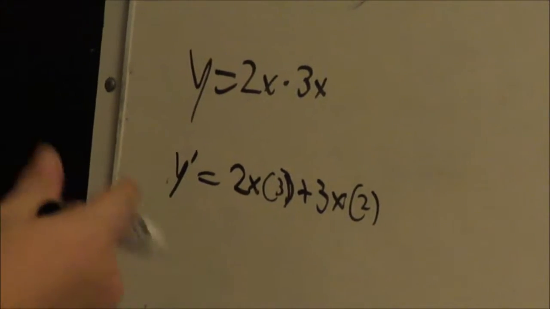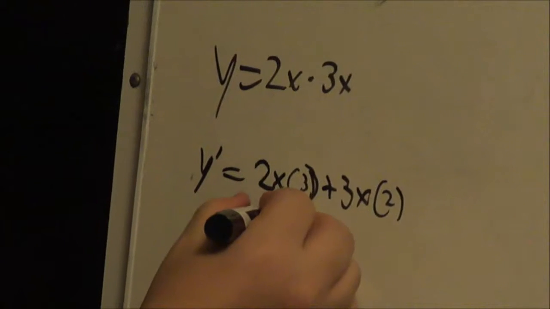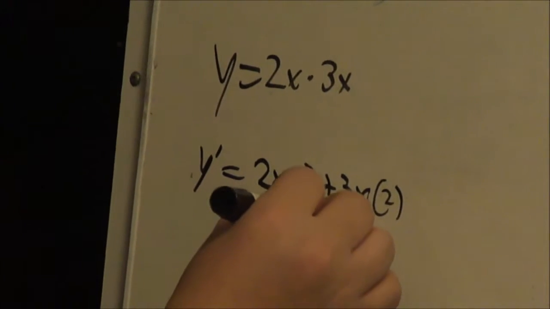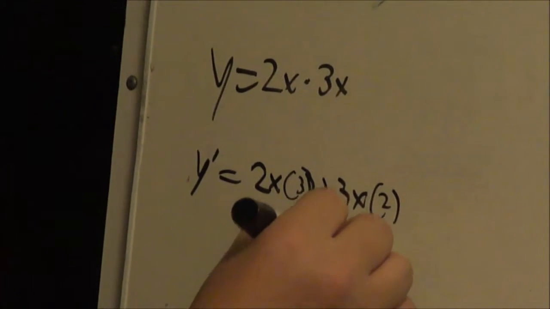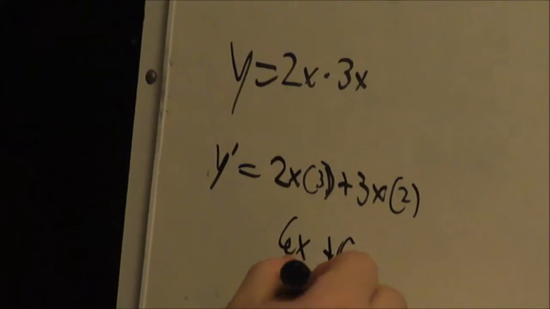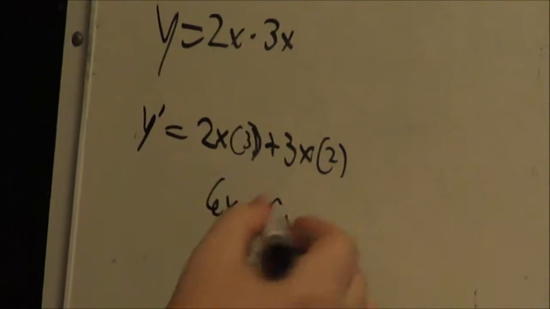And then you could simplify it to 6x plus 6x, which equals 12x.